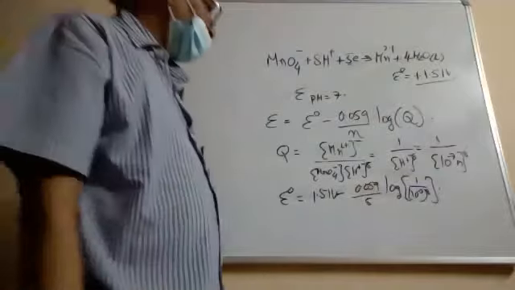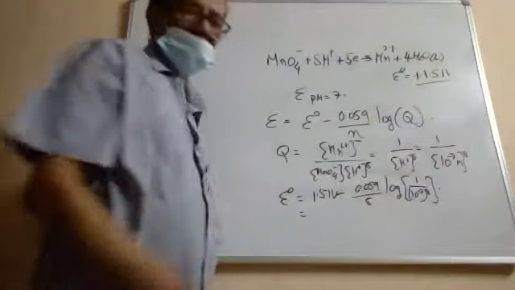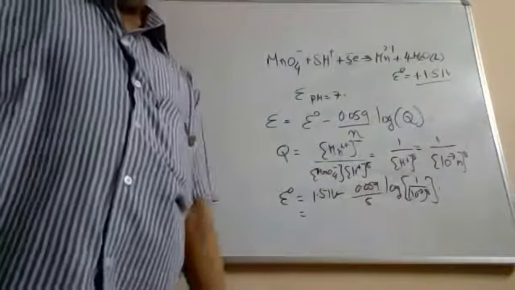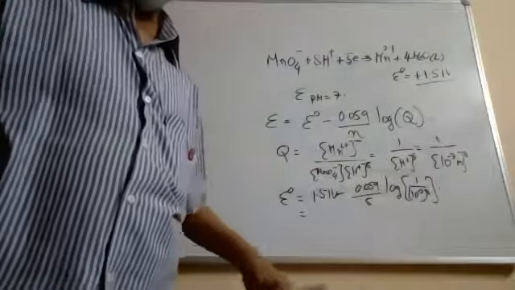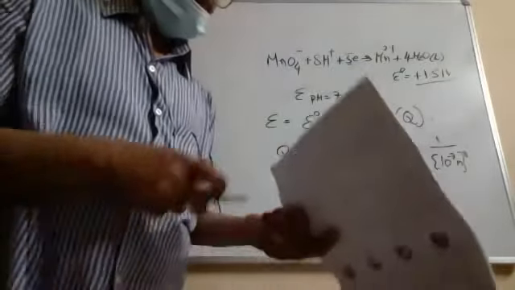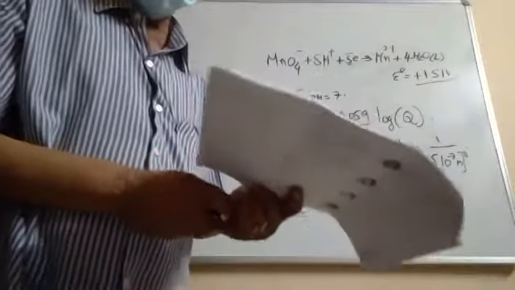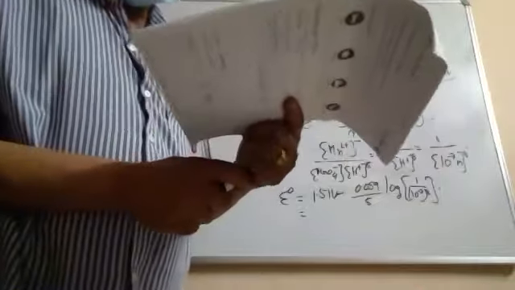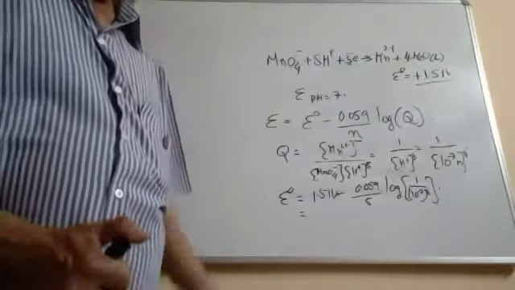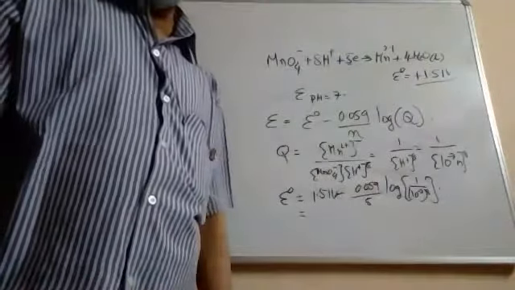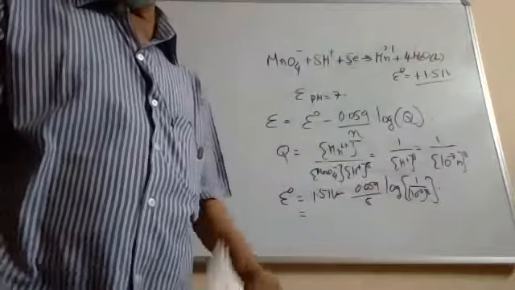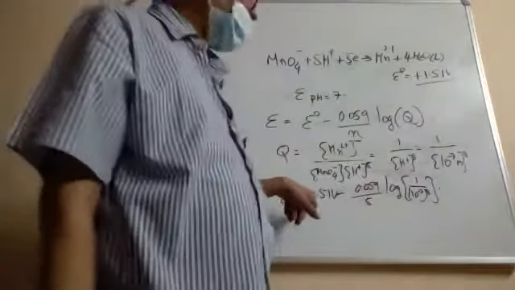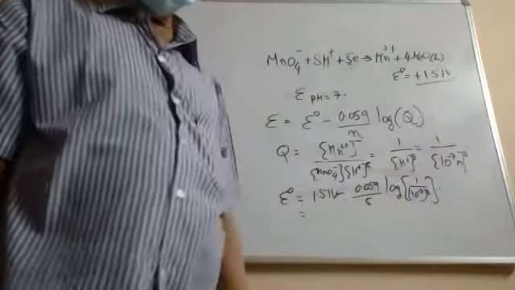So can somebody do a quick calculation and tell me what this value is? If I give an answer, you will lose the method of doing the calculation. So I'll give you a minute to tell me what that value is. But before you finish your calculation, would you expect the value to be more than 1.51 or less than 1.51?